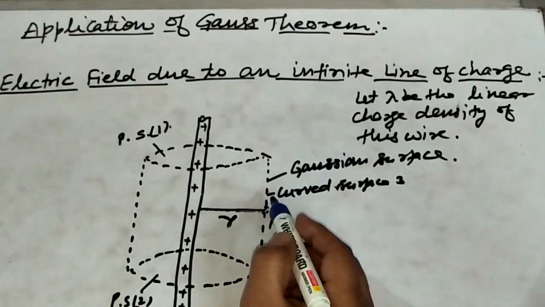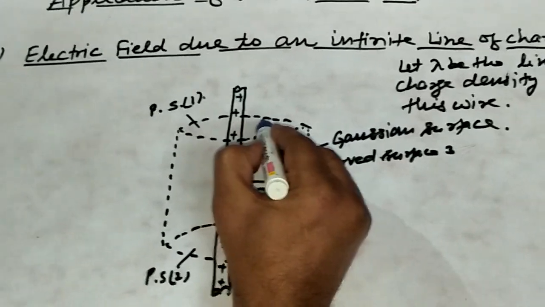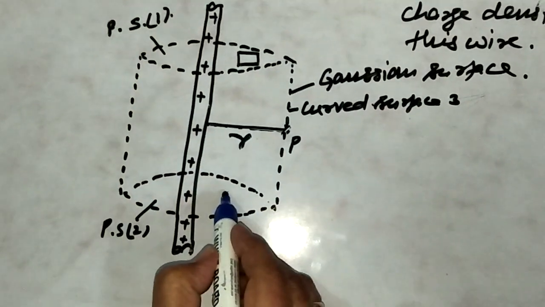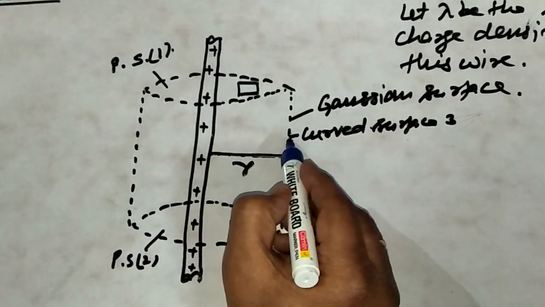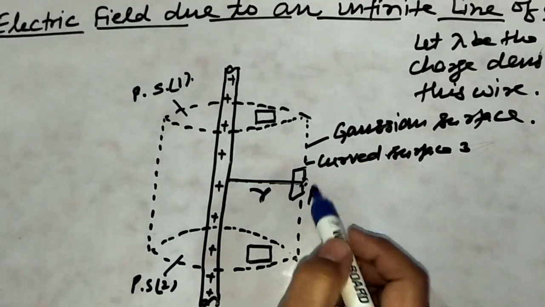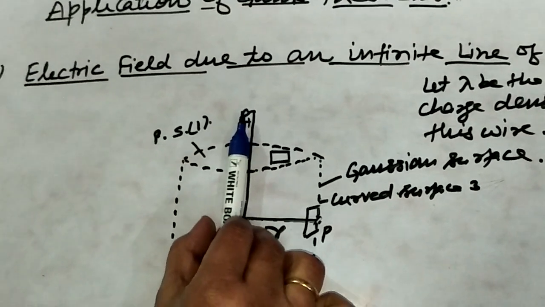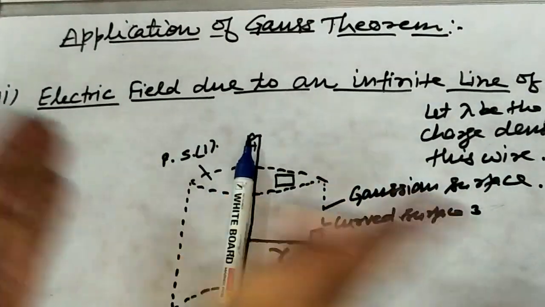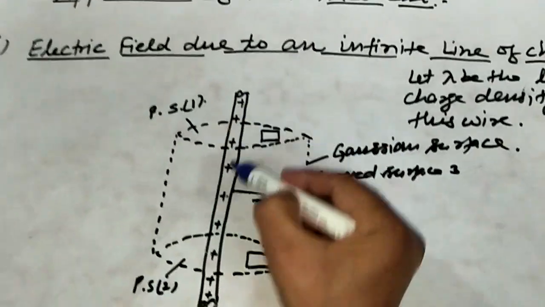So for this purpose, let us consider a small area element on plane surface 1, again a small area element on plane surface 2, and again a small area element on this curved surface. And this one is a line charge, and the electric line of force due to this goes radially outward, because the charge is positive.